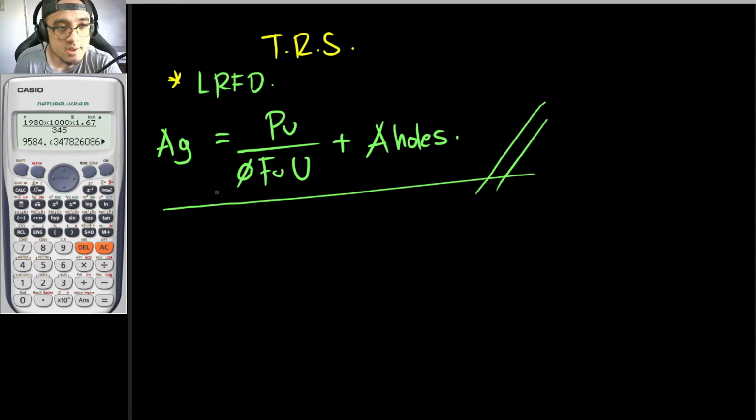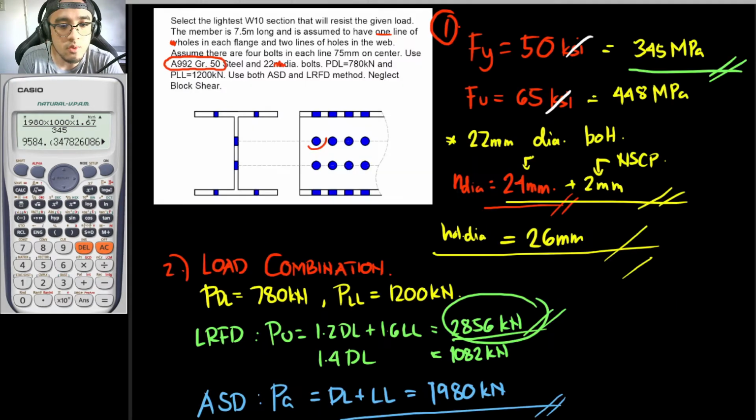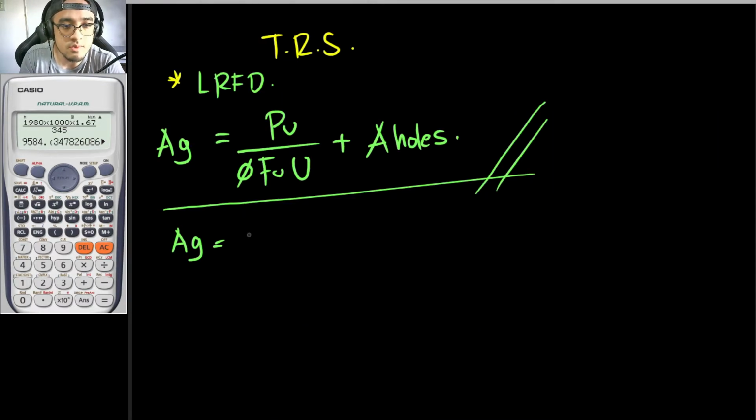By that guys, our AG or our gross sectional area is to be equal to our PU, and our PU once again is to be equal to 2856 kilonewtons, and convert this once again to newtons by multiplying 1000, then divide this one by, so what is the value for phi?